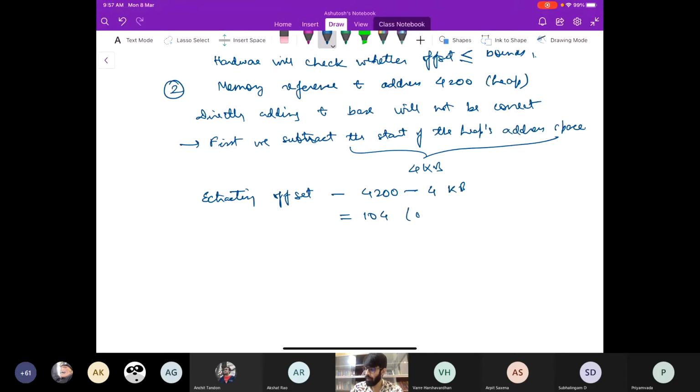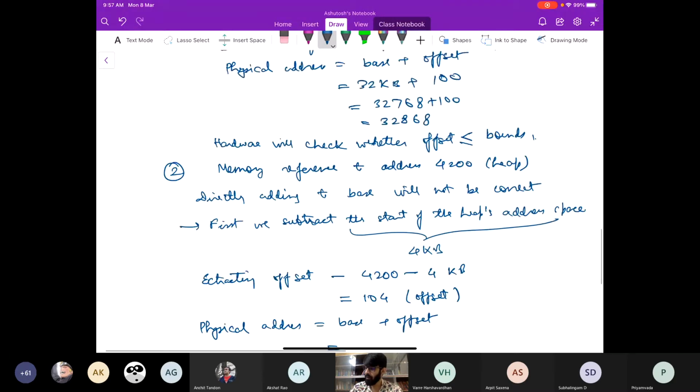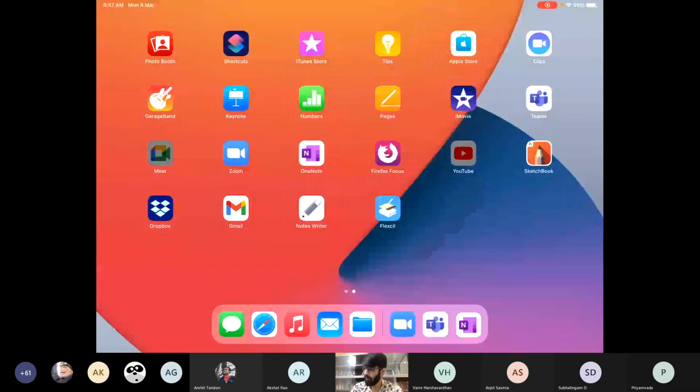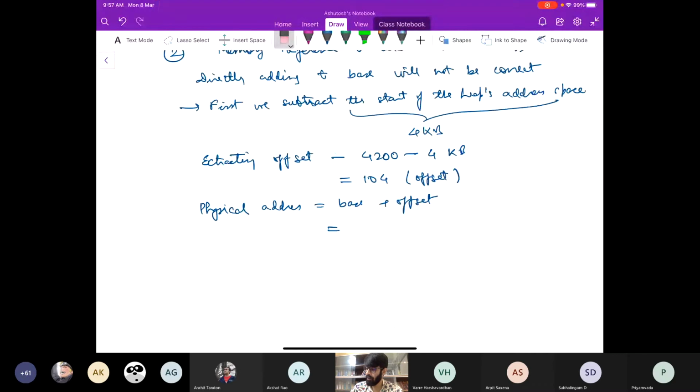So this is the new offset. And now the physical address will be calculated like before. So this is 34 KB plus 104, and whatever this value is going to be, 34816, let's say.